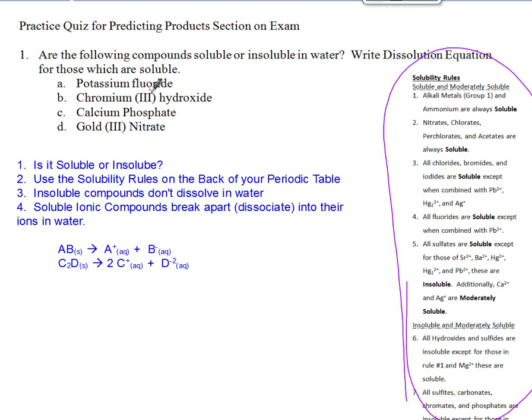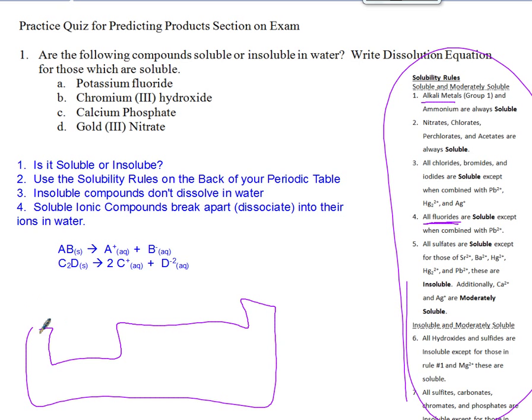So potassium fluoride. This one's going to be soluble for two reasons. First reason, all fluorides, this is rule number 4. It says all fluorides are soluble except when combined with lead. Potassium is not lead. The other reason it's soluble is potassium is an alkali metal. The first column on the periodic table is the alkali metals, group 1.